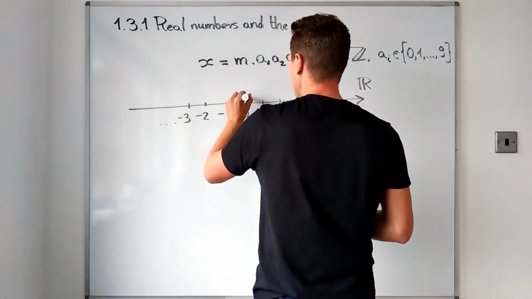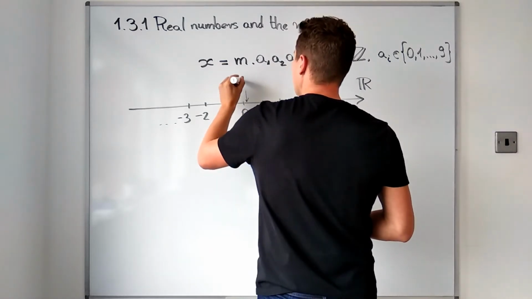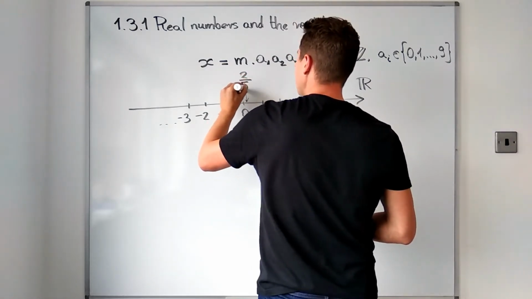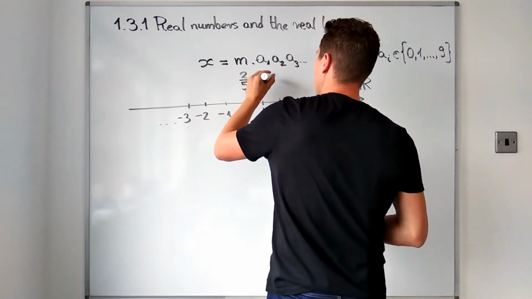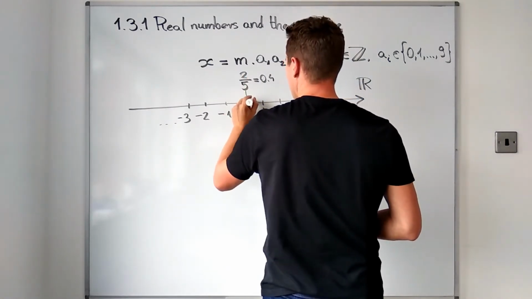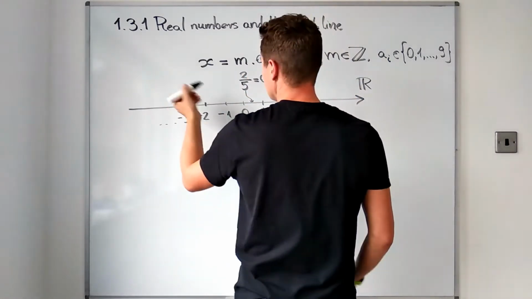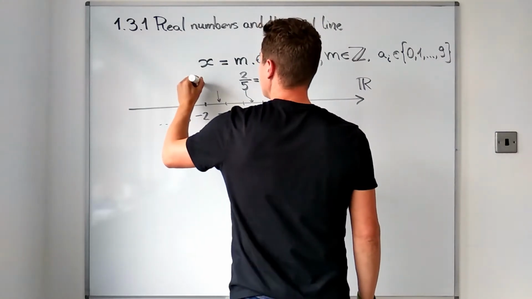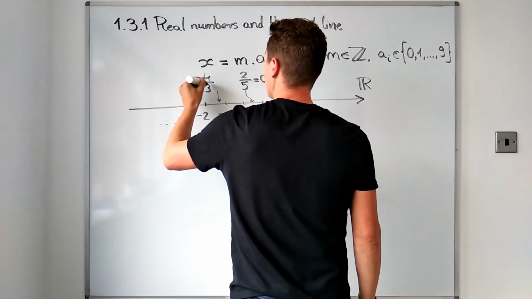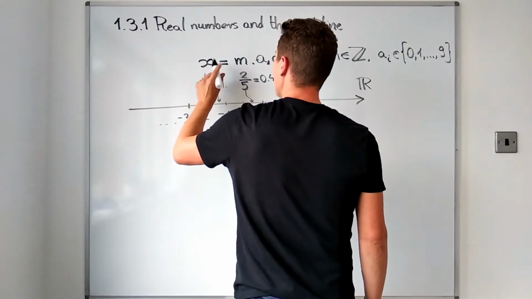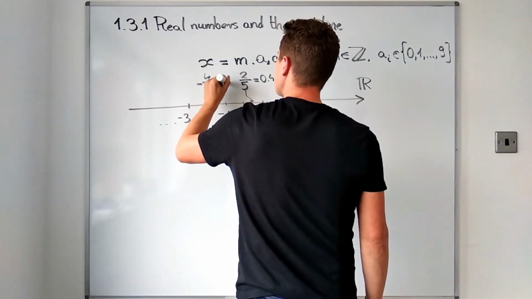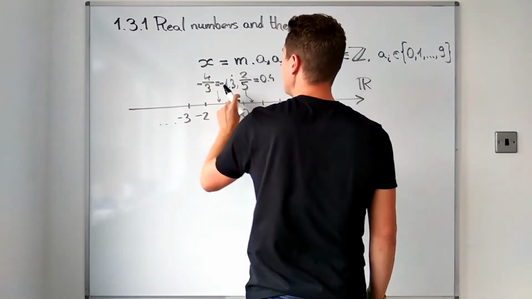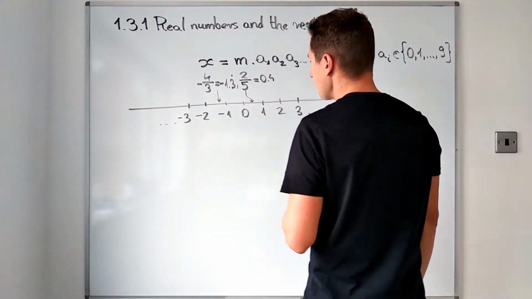So for example, here we would have 2/5, which is 0.4. Let's just say it's over there somewhere. Then, for example, we would have negative 4/3, which is minus 1.3, with 3 infinitely repeating.